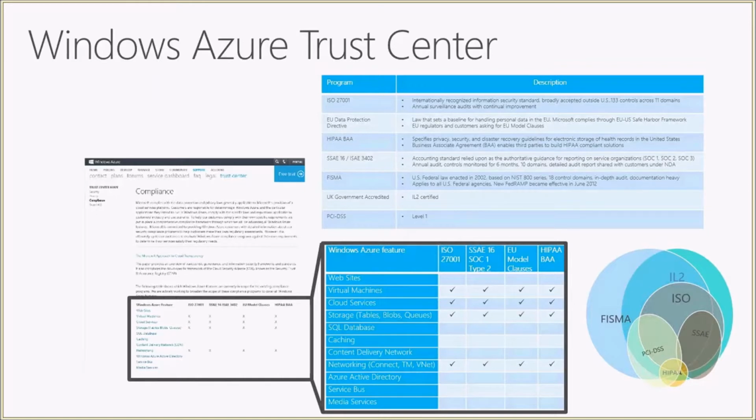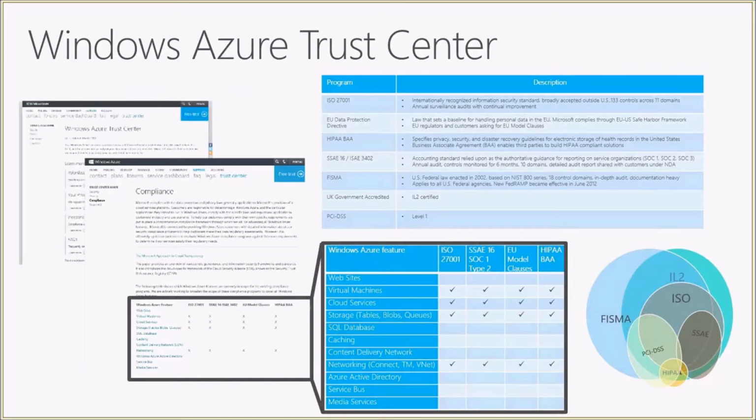It's also worth noting our compliance and accreditations within Windows Azure. You can view these on the Windows Azure website by going to www.windowsazure.com/trustcenter. And there we provide a lot of detailed information around the compliance and security credentials that we have within the platform.